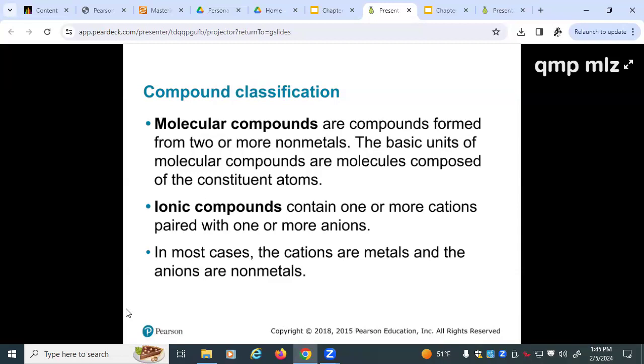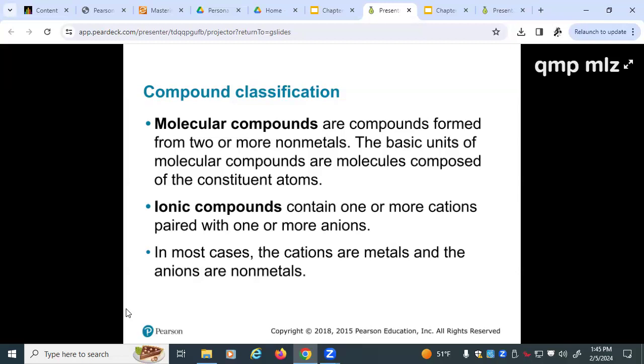The other sub-classification that we start to look at is how do we sub-classify compounds? We know compounds are pure substances. Are there ways that we can break them into groups to help make sense of one versus another? The answer there is yes. We can look at compounds from whether they are molecular or ionic.